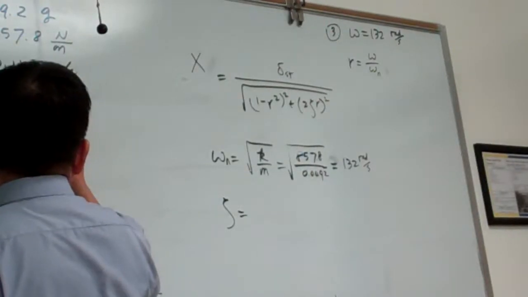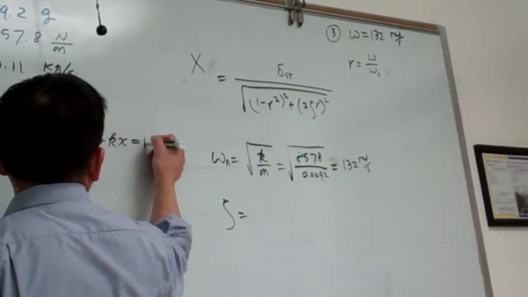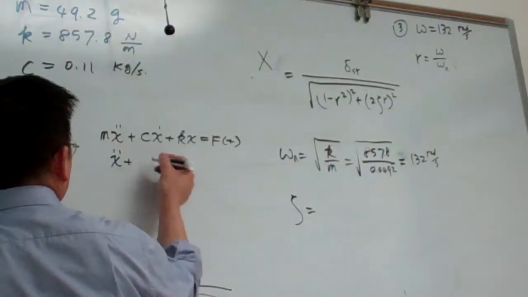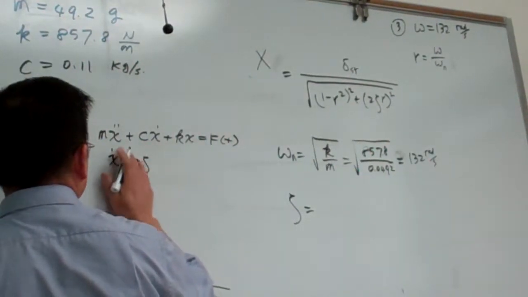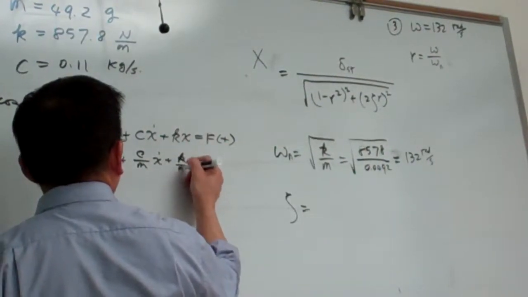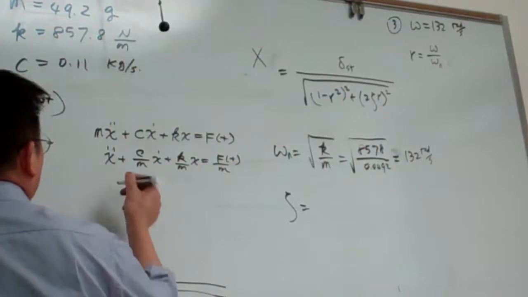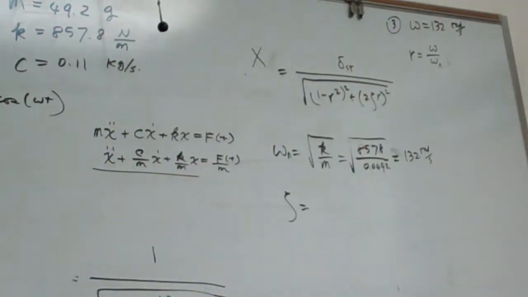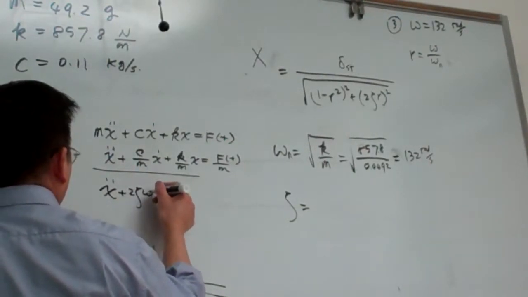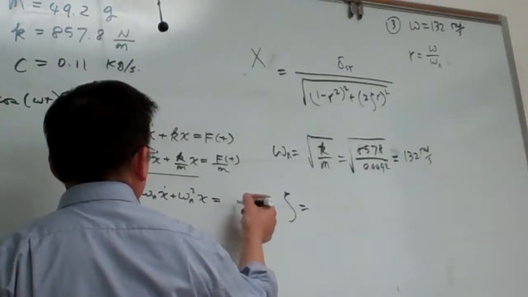We know the system can be written like this, and we can also convert it into C over M x dot plus K over M x equals F divided by M. We pay attention to that form because it is the standard form to compare with: 2 zeta omega n x dot plus omega n squared x. So this one is the same.